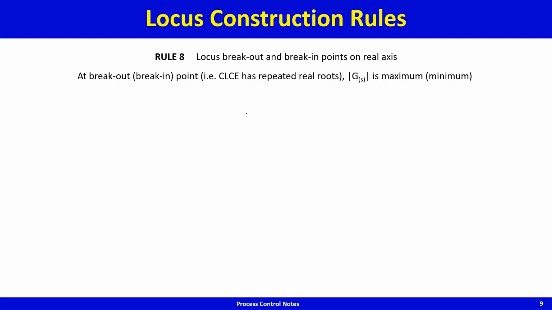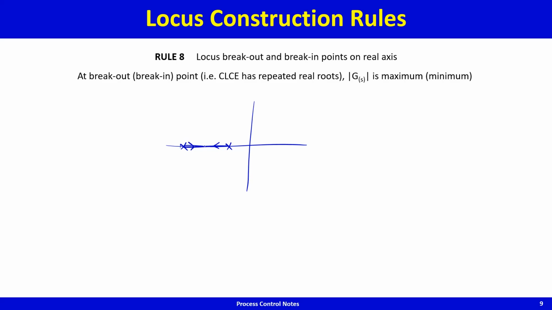Usually what happens is, let's say, does locus exist here? No. Does locus exist here? Yes, because the number of poles to the right is odd. So locus exists here. The locus starts moving this way, and from this pole, as kc is increased, locus starts moving that way.